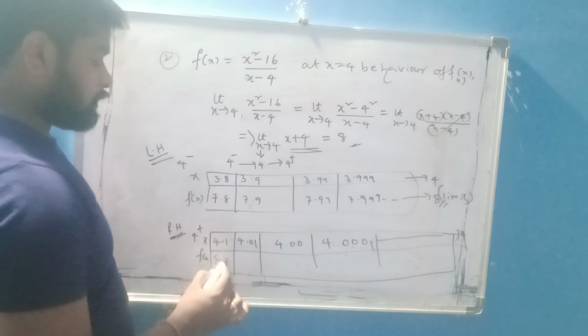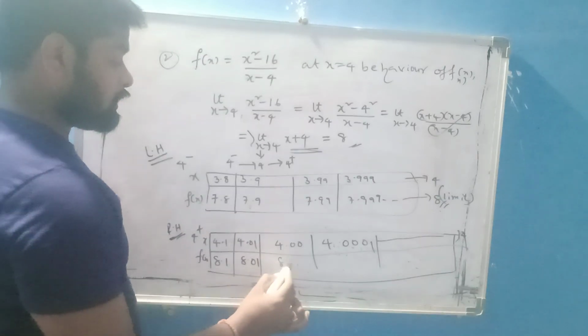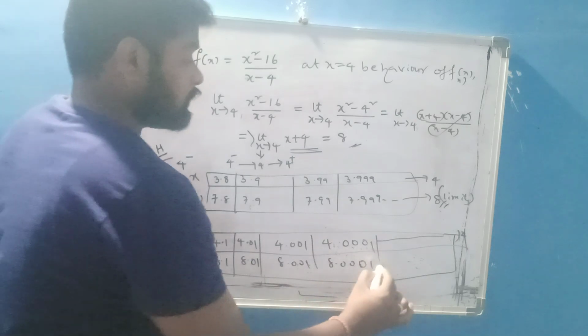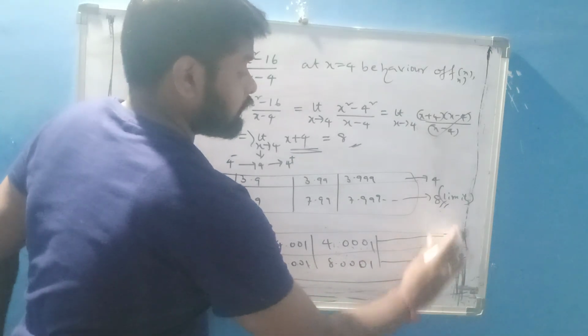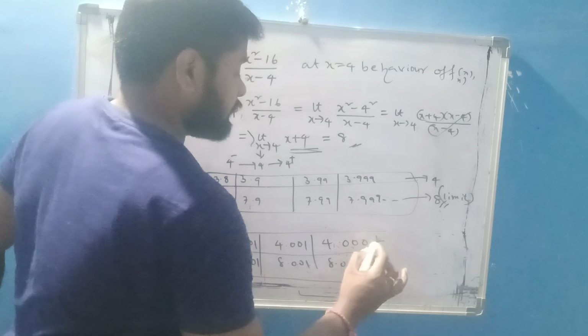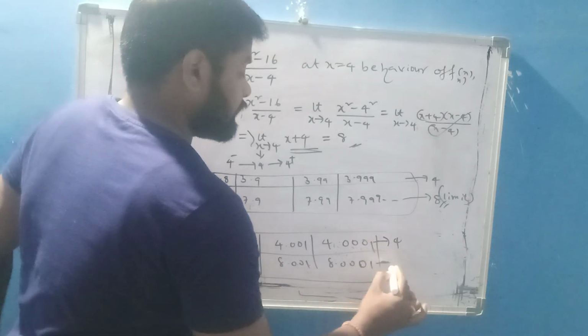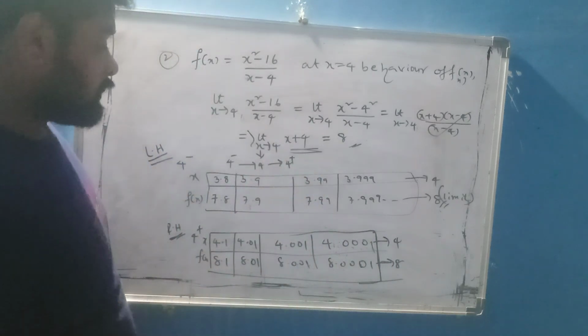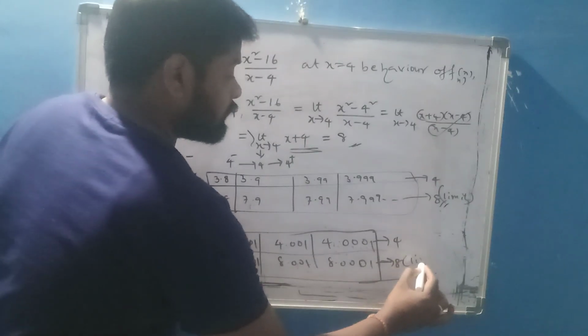Here 8.1, 8.01, 8.001, 8.0001, nearly equal to 8 only. Here nearly equal to 4, here nearly equal to 8. Please see that. Okay, this 8 is called the limit.